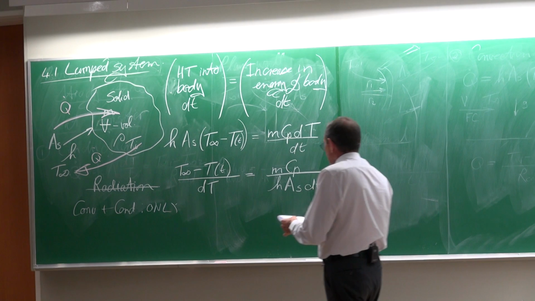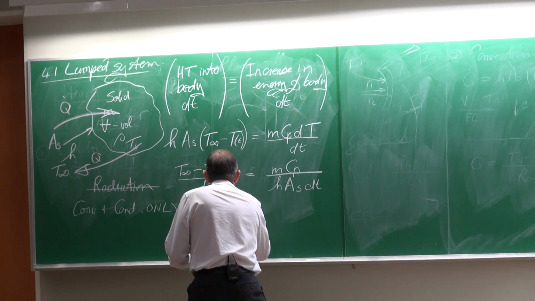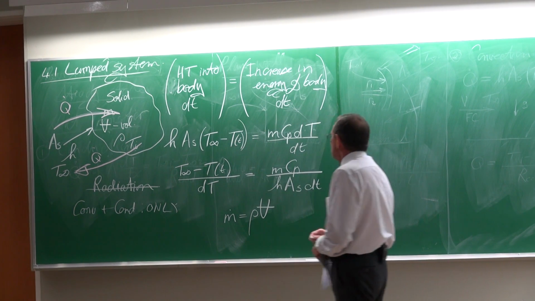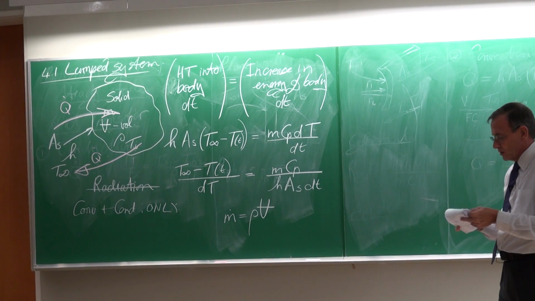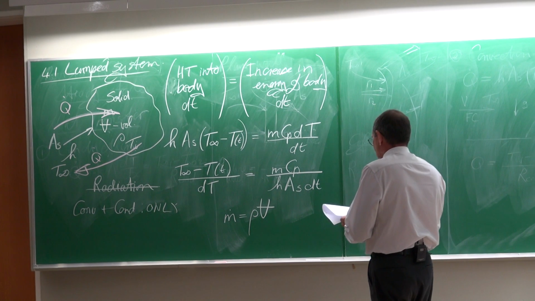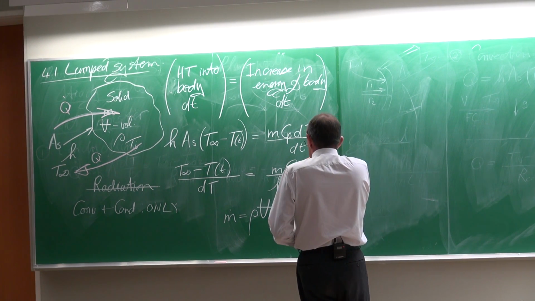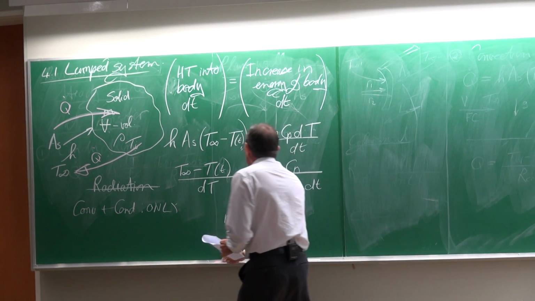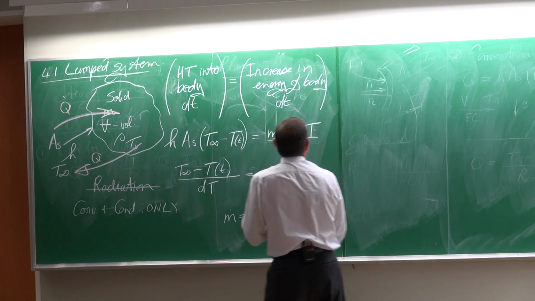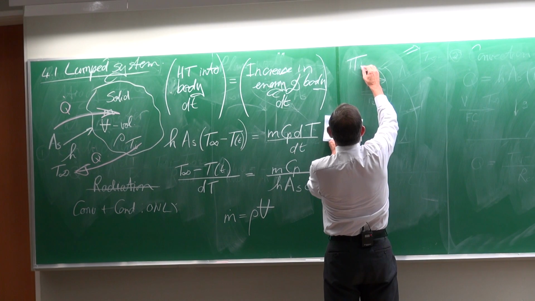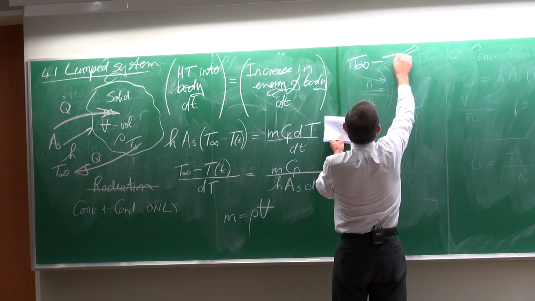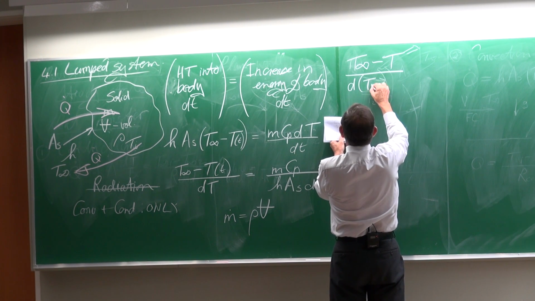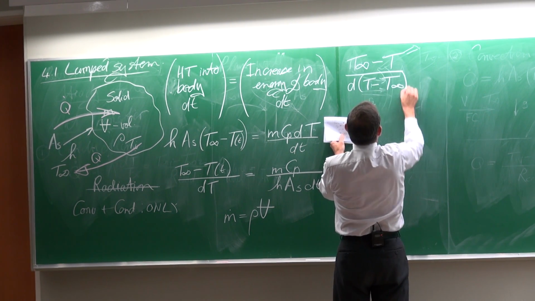Then we're going to say, well, the mass is equal to the density multiplied by the volume. You can keep it as the mass if you want to. You do not have to write it like that. On the left we're going to write T infinite minus the temperature T, dT, minus T infinite.